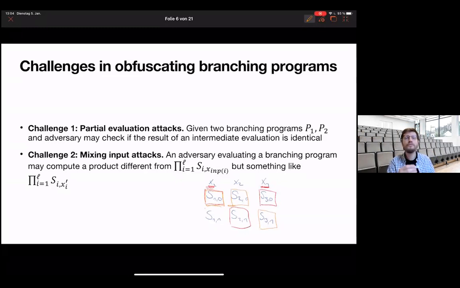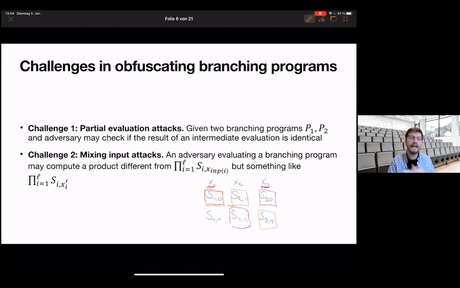There are a few smaller issues, some of which I will mention at some points, but we will mostly look into how multilinear maps, and in particular leveled multilinear maps, can help us address these two challenges, or as a matter of fact, prevent these two types of attacks.